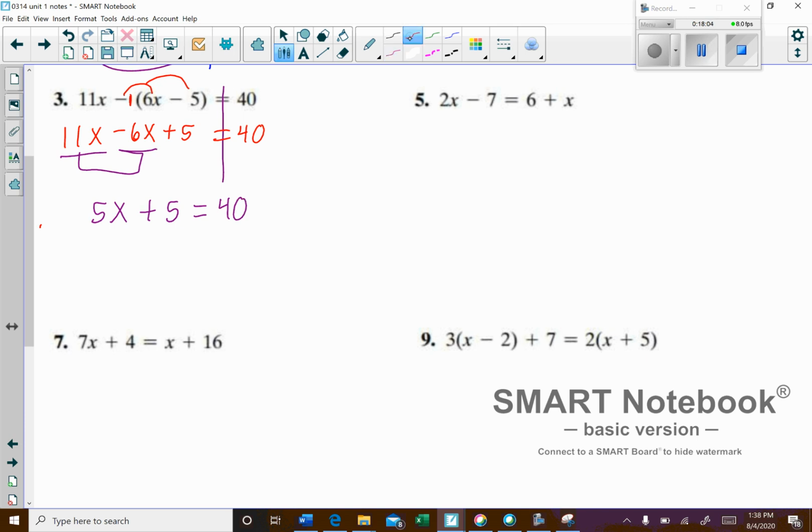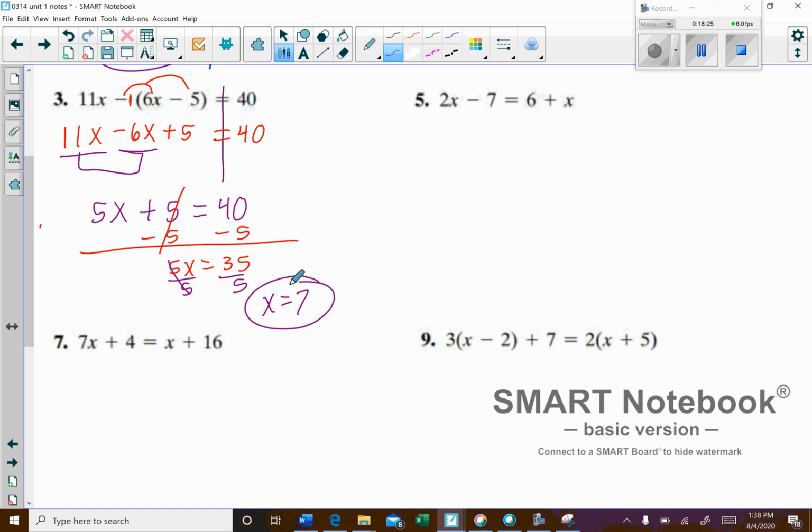Okay. So then what we'll do next is we'll go ahead and subtract 5 from both sides. And so we're going to be left with 5x equals 35. Divide by 5, divide by 5. So we're going to get x equals 7 for number 3.